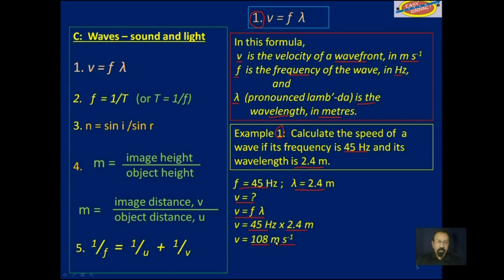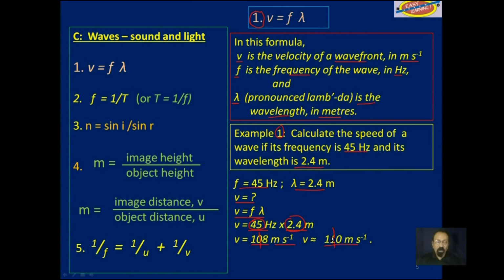Maybe CSEC will accept that, but to be sure, we have 2 significant figures here, 2 here. So let's round off to 2 significant figures, and that will give us 110 meters per second. And to express our answer even better than that, since we are rounding off here, that is the tens position.